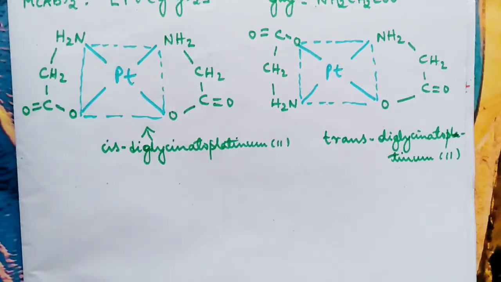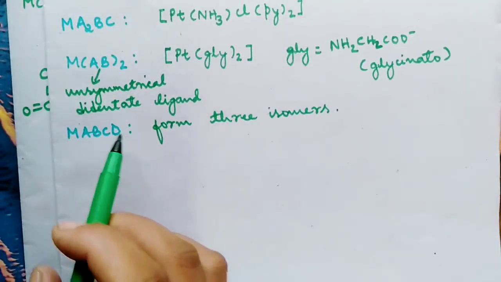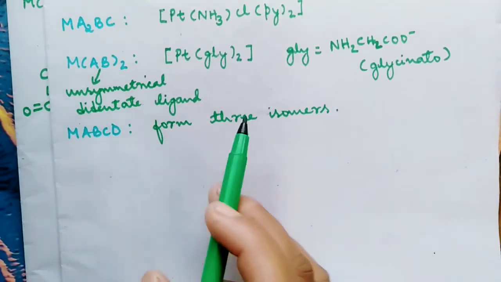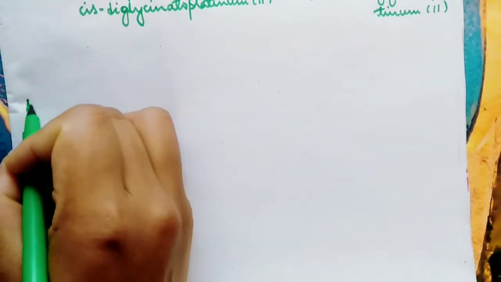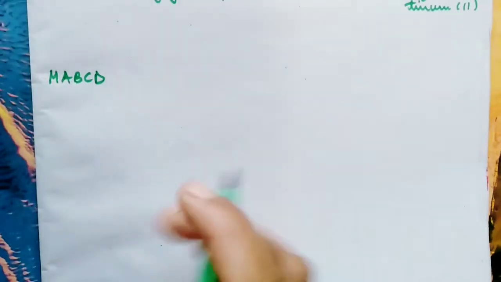Okay, next, complex of the type MABCD, where we have 4 different ligands. So a complex of this type forms 3 isomers. Okay, it forms 3 isomers. Come to this one, the type MABCD. 3 isomers are obtained.